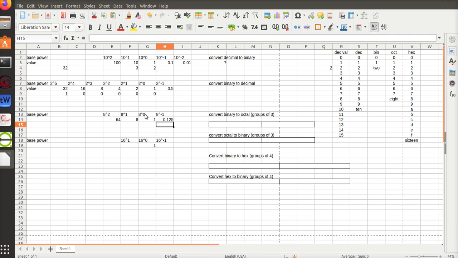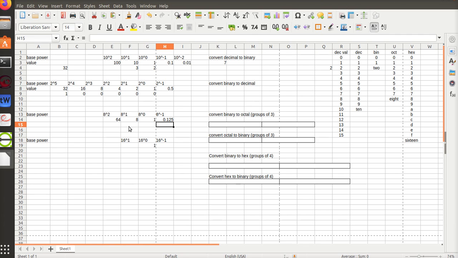It's an extra level of complexity down here because I can have anywhere between 0 to 7 ones. So if I've got 6 ones, I've got to multiply 6 times 1. If I have a 3 over in this column, I've got to do 3 times 8. So then I've got to do 3 times 8 plus 6 times 1, and then I've got to add all that up. And it's possible, but it's not necessarily that easy.